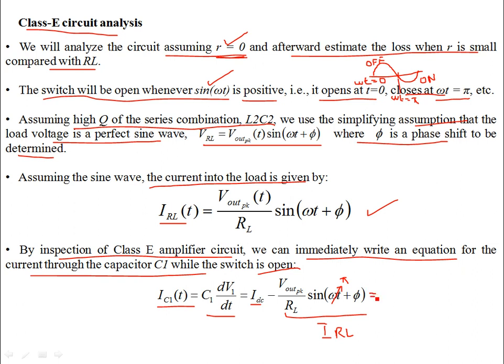The expression becomes IDC minus V out peak over RL. That's my load current at the point when the switch closes. I know that IC1 is 0, so I'll just equate the right-hand side to 0.